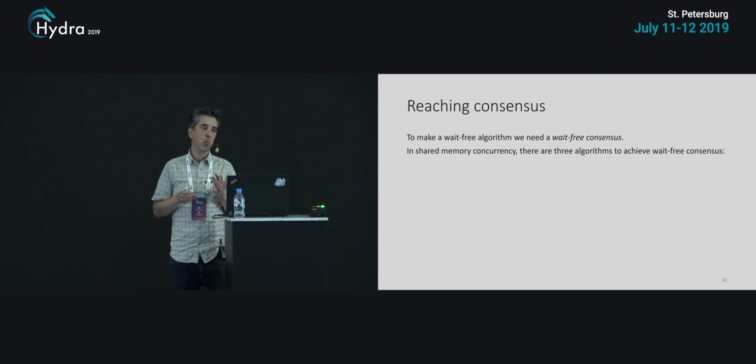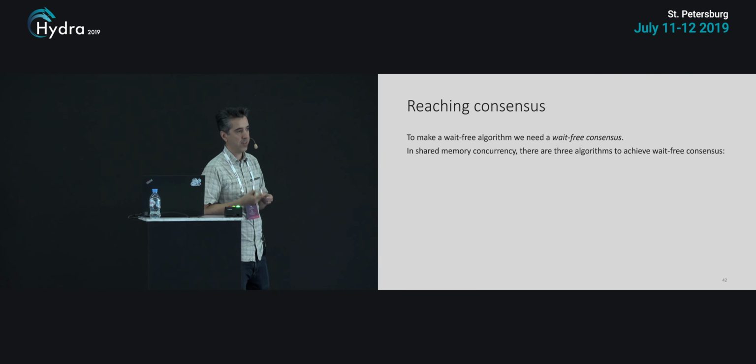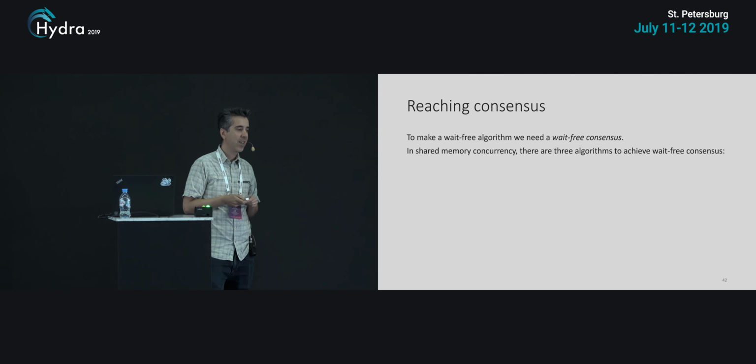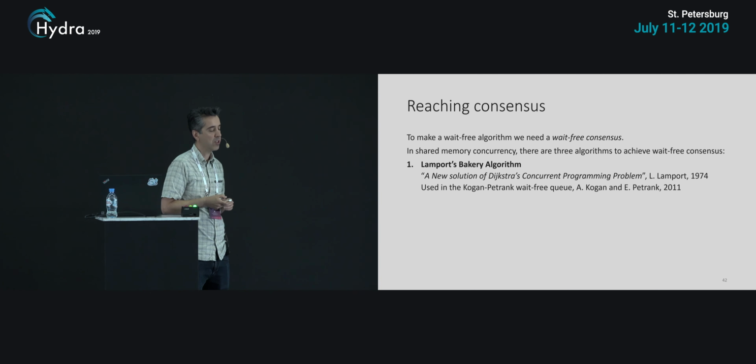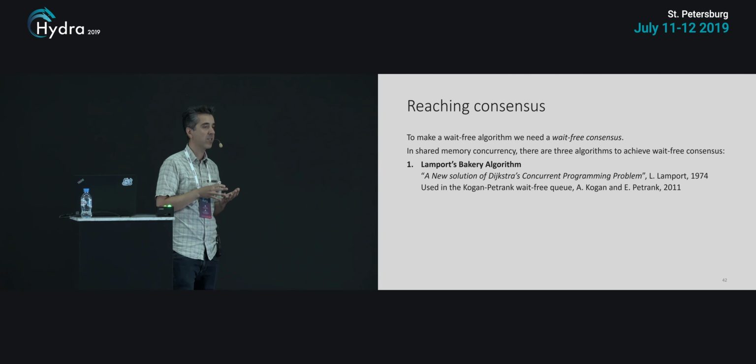Now, one thing about wait-free is that to make a wait-free algorithm, you need a thing called a wait-free consensus. This has been talked about by Maurice. And I know of 3 algorithms to achieve wait-free consensus, so let me just name them here. The first one that we've seen is basically a small modification to Lamport's bakery.